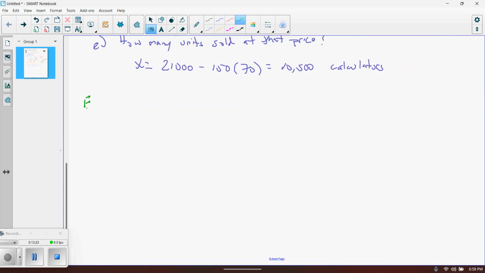Example 2. All right, so this time we're going to be maximizing the area of something enclosed by a fence. So what it says is, we have 2,000 yards of fencing.